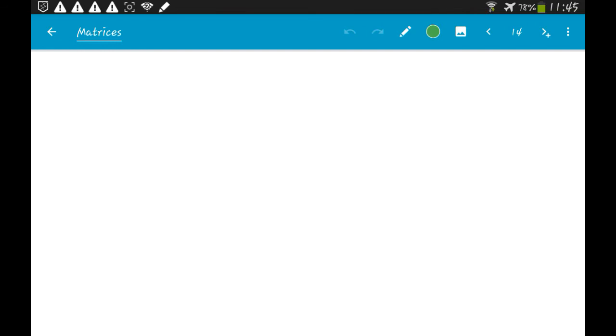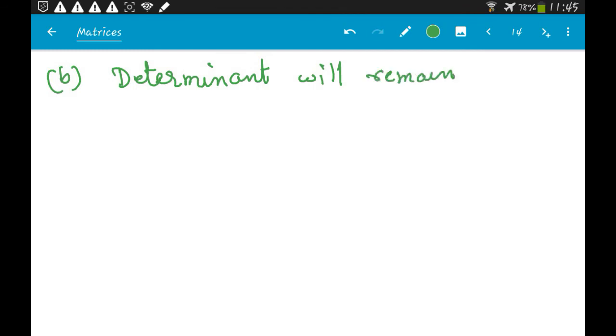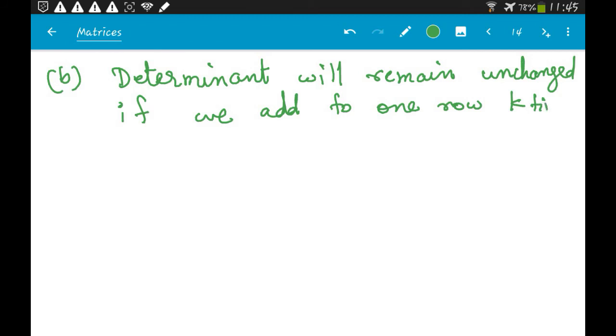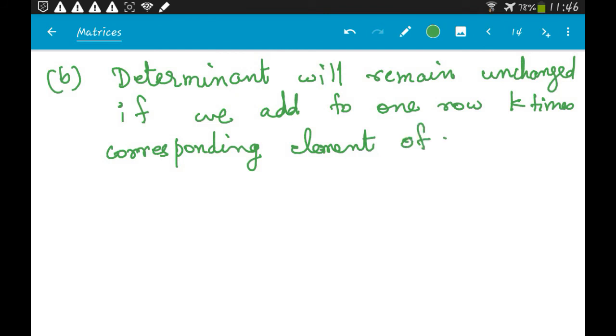Again, the value of the determinant will also remain unchanged if we add to one row k times the corresponding elements of another row.